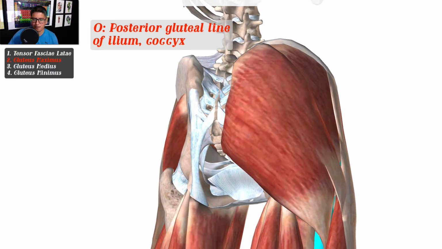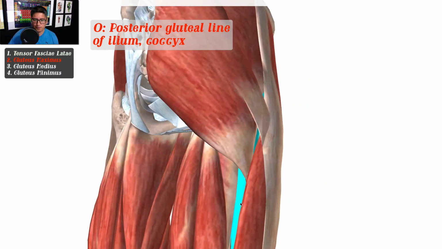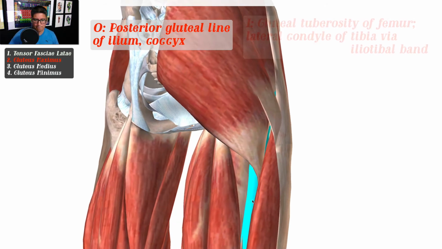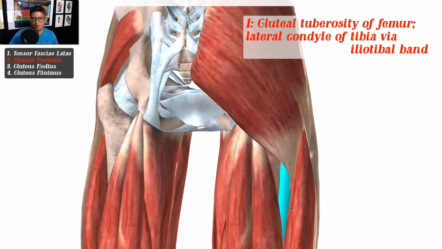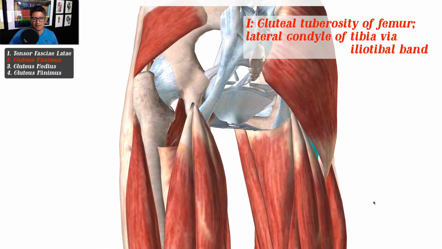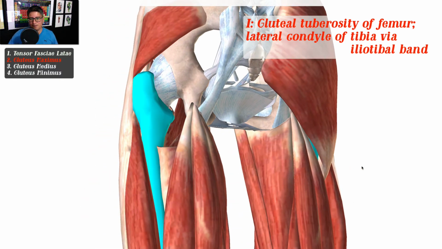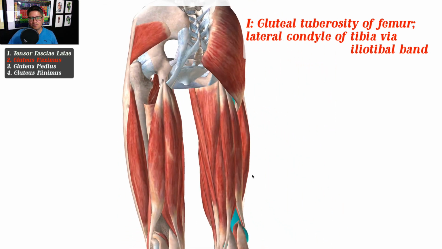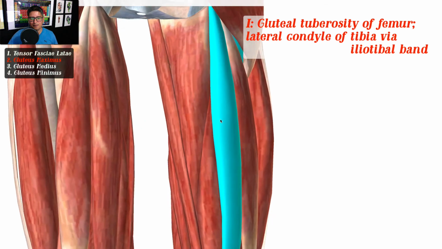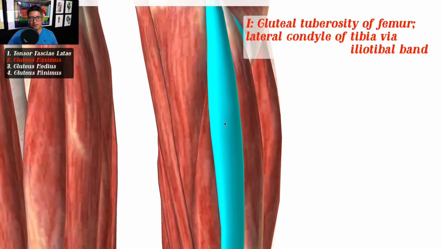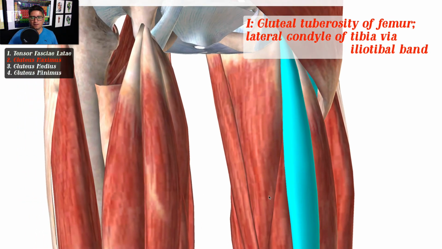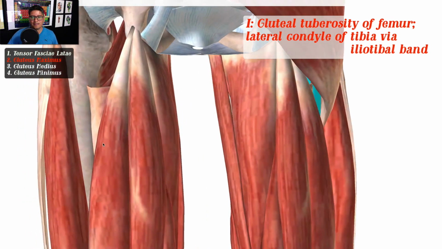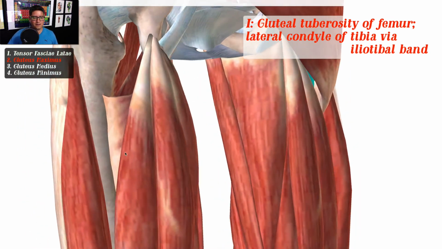Let's first talk about this point of insertion right here, okay? So for the glute, this is the femur. The femur is kind of hiding behind the muscle, but it's right here.